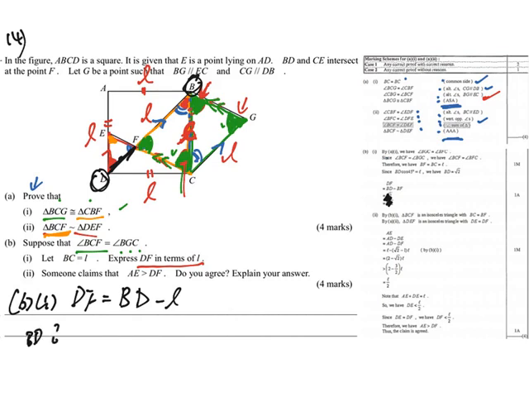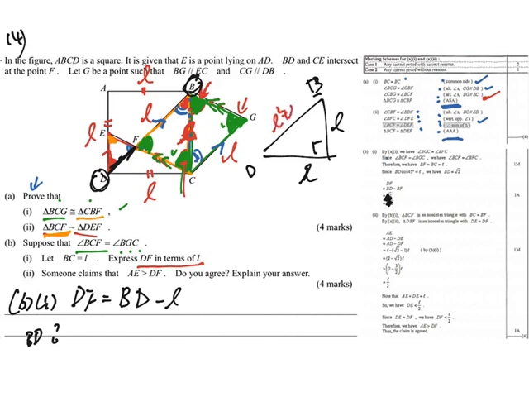Actually, BD is a side, like this. You can see BD. So it is a right angle triangle. So for this one, we can use Pythagoras theorem.